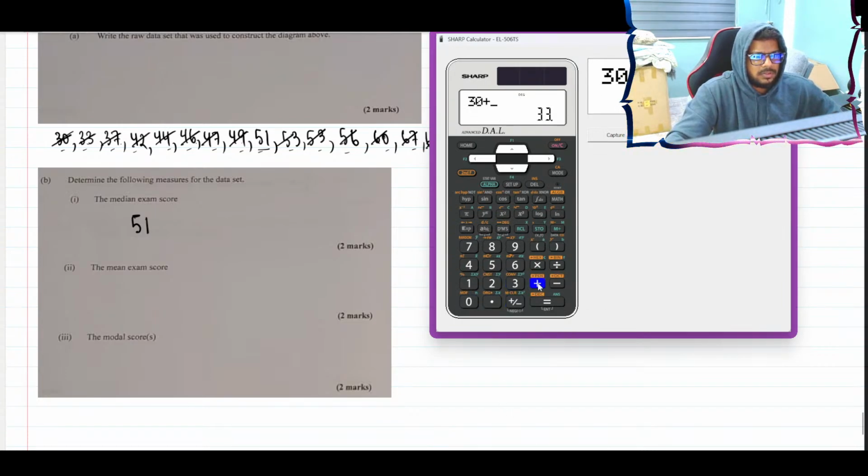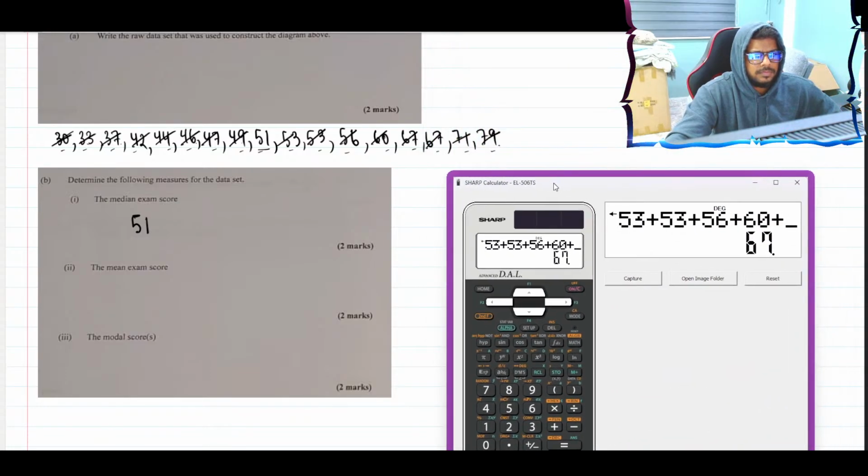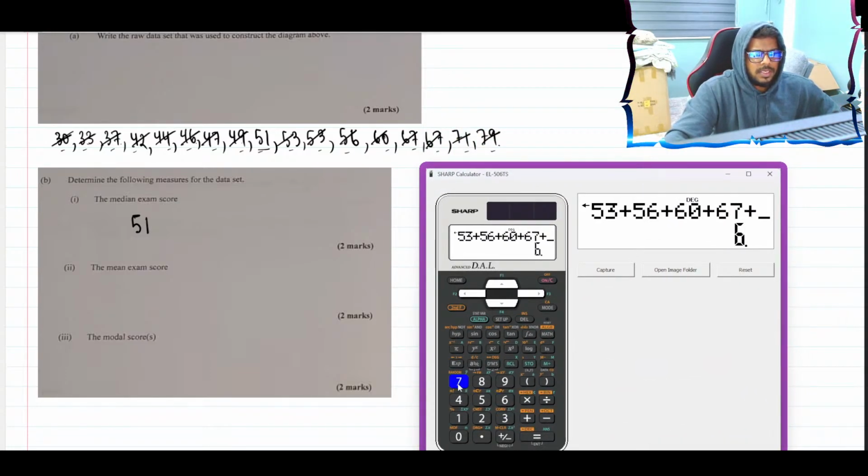Because we have the raw data, it's easy to do it like this. 30 plus 33 plus 37 plus 42 plus 44 plus 46 plus 47 plus 49 plus 51 plus 53 plus 53 plus 56 plus 60 plus 67 plus 67 plus 71 plus 79. 885.